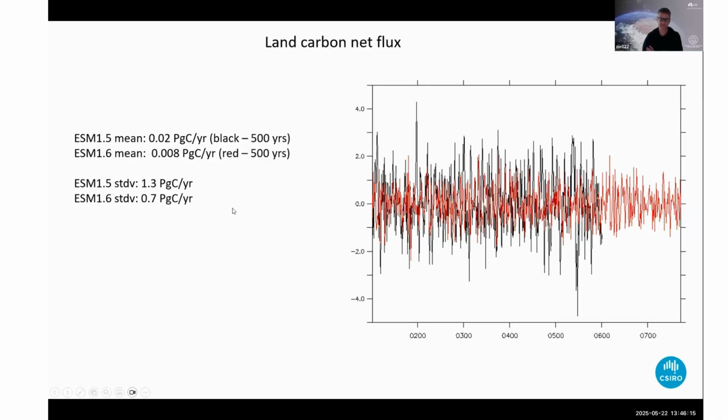It's even better now with the ESM 1.6 version, almost an order of magnitude better, although I don't think it really matters anymore, because it was so small already, but it's great to see how stable it is as well, without any drift. And again, the variability in the net flux is quite reduced compared to what we had in the previous ESM version.